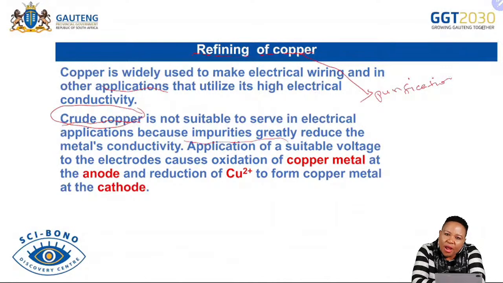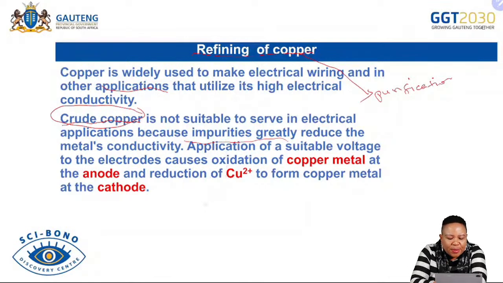So the reason we purify copper is to remove the impurities so it can conduct electricity. Therefore, we purify copper by undergoing the refining process, where electricity is used to purify copper from the crude copper.